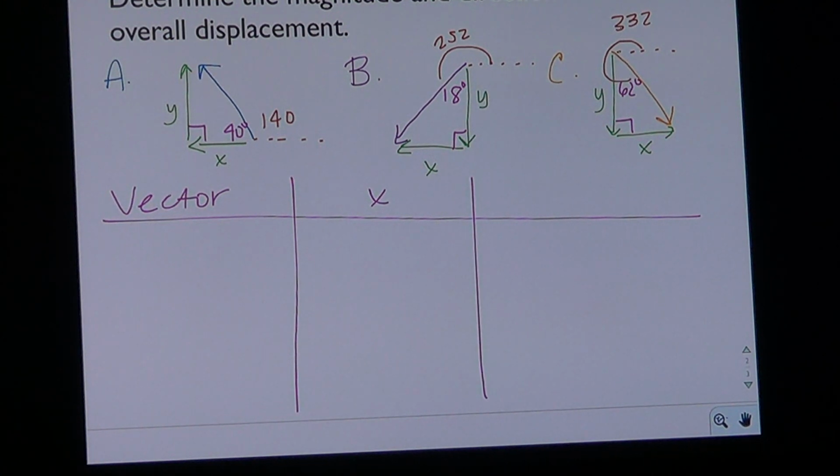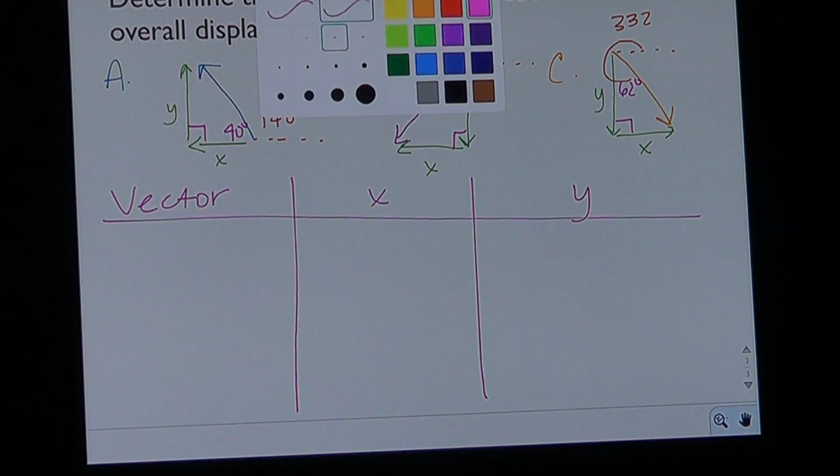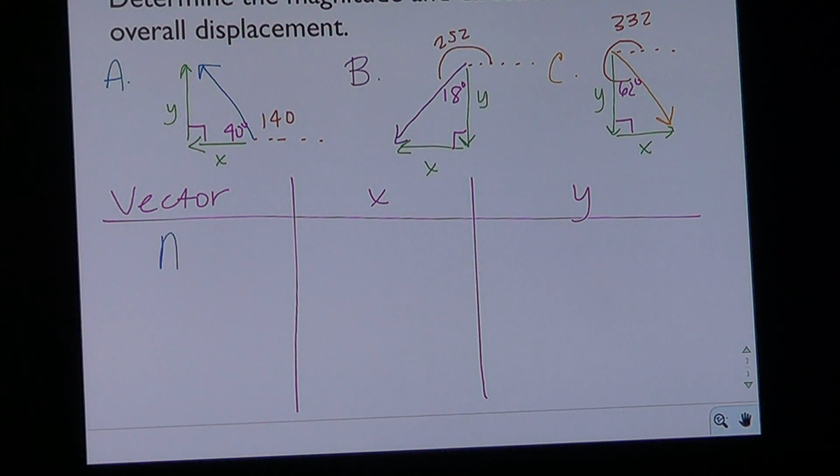And then we're going to have the Y components, and then we're going to combine them. So for vector A, how would we calculate the X for that triangle? How are we going to find this X using this right triangle? Cosine of 40.